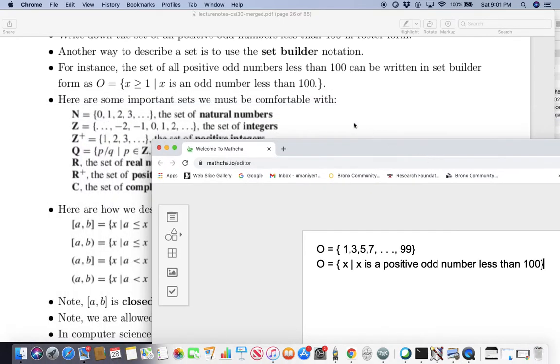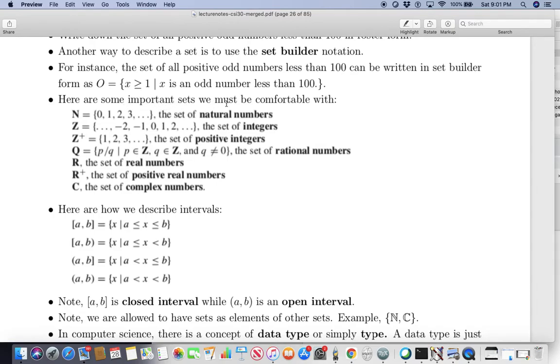Next. Here are some important sets we must be comfortable with. N is the set starting from 0, 1, 2, 3, and so on. This is called the set of natural numbers. Z is the set of integers. You have 0, 1, 2, 3, and so on, -1, -2, and so on. So you see it's unending in both directions. Z⁺ is the set of positive integers.